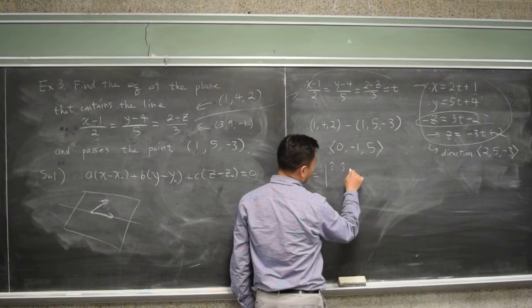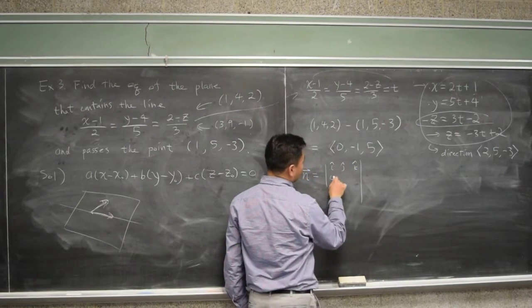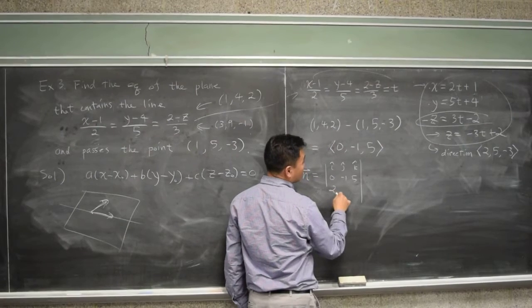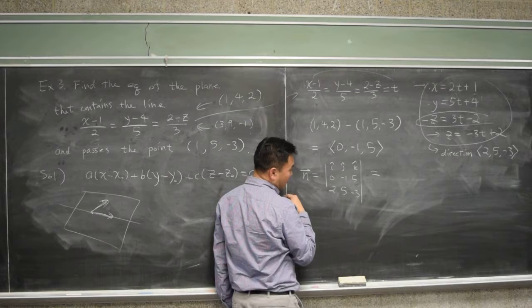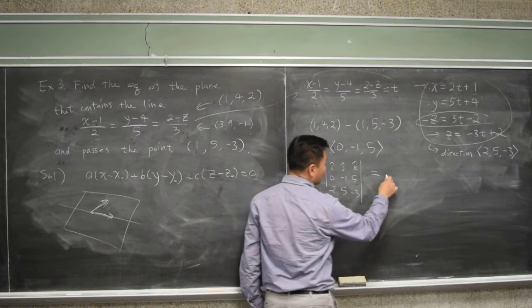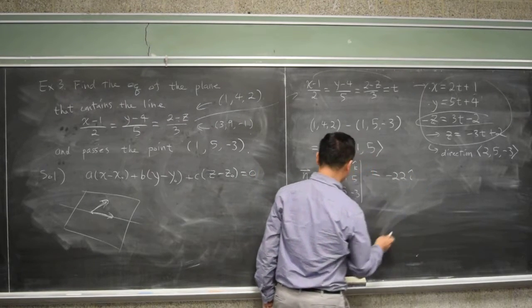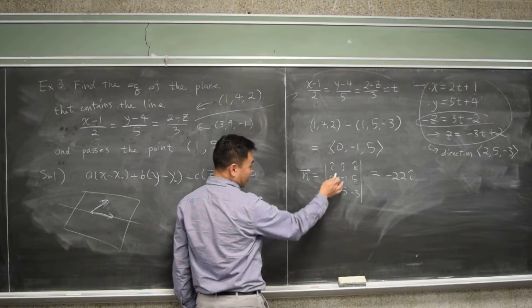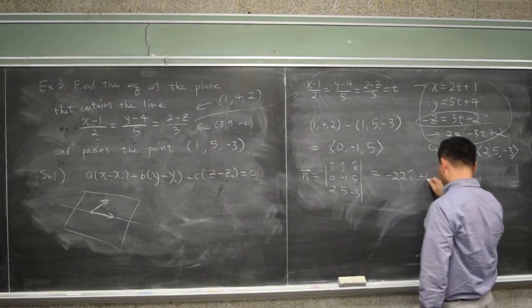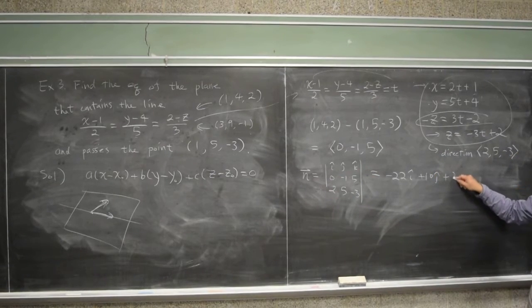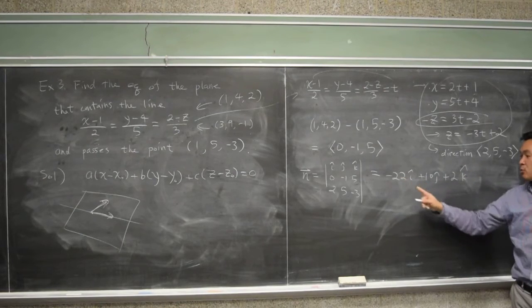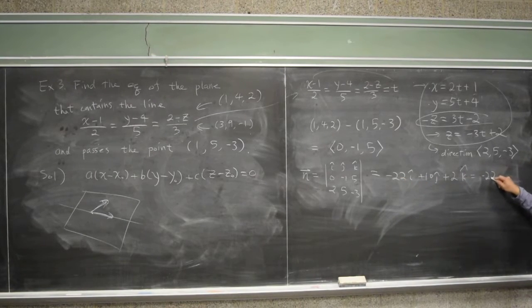i, j, k, 0, negative 1, 5, 2, 5, negative 3. i times 3 minus 25, negative 22. And then from here, 0 minus 10, but the checkerboard sign makes it positive 10. k, 2k. So we know that negative 22, 10, 2 is the normal vector.